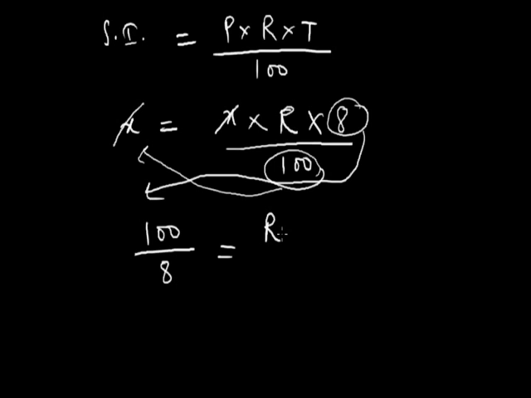So we are left with R equals 100 divided by 8. When calculated, we get R equals 12.5. So with the rate of interest 12.5%, we will get a sum of money double of itself after 8 years.